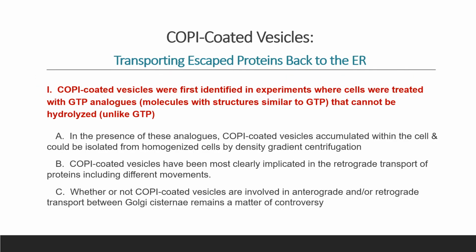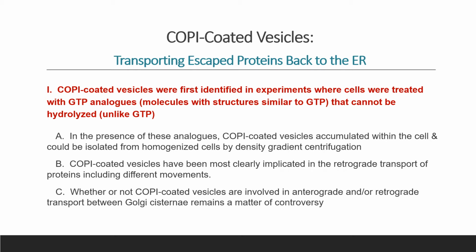So COP1 coated vesicles were first identified in experiments where cells were treated with GTP analogs that cannot be hydrolyzed, unlike your GTP. So in presence of these analogs, COP1 coated vesicles accumulated within the cell, and they could be isolated from the homogenized cells by density gradient centrifugation.